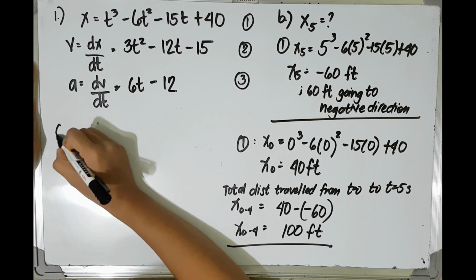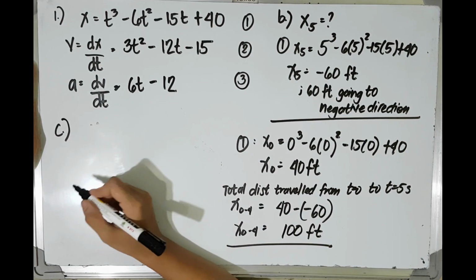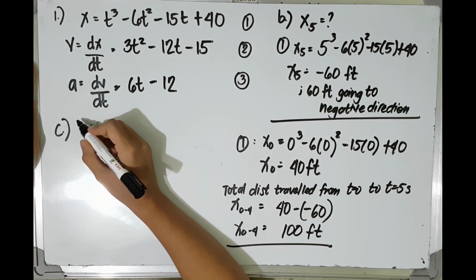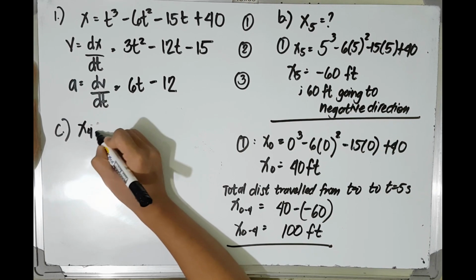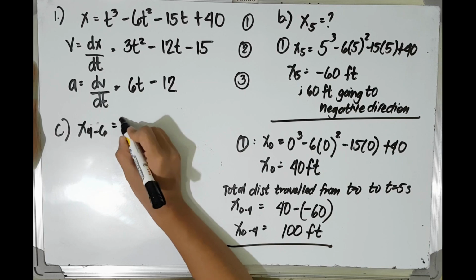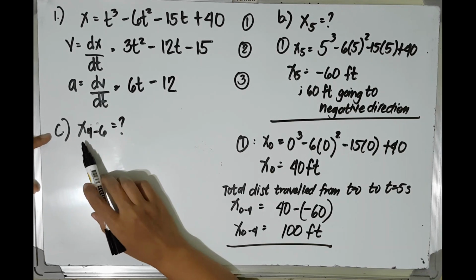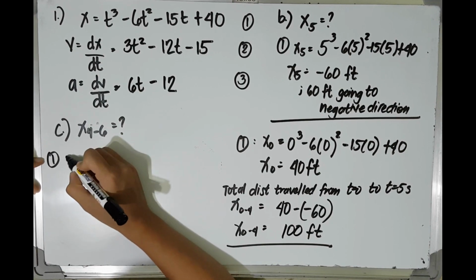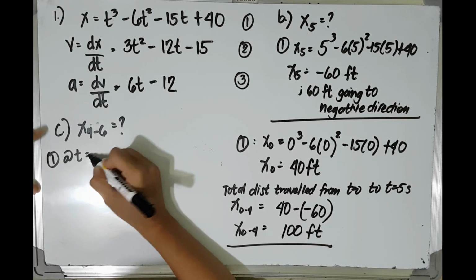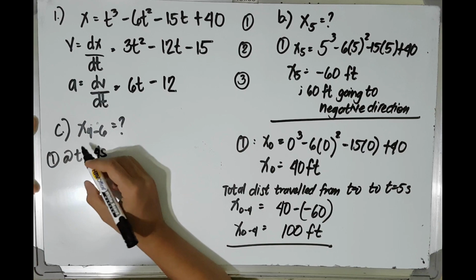And for the last item, the distance traveled by the particle from time equal to 4 seconds to 6 seconds. For equation number 1, same as before, we will substitute the value of t with 4 seconds to determine the position of the particle.